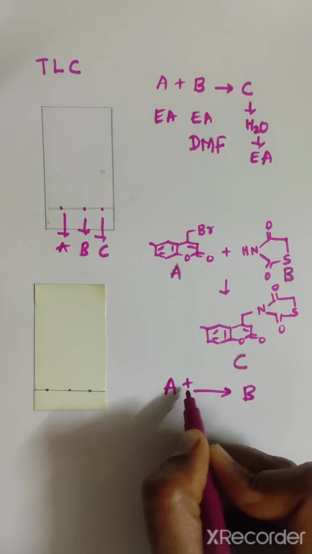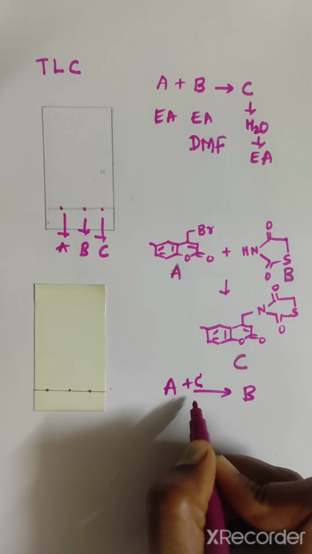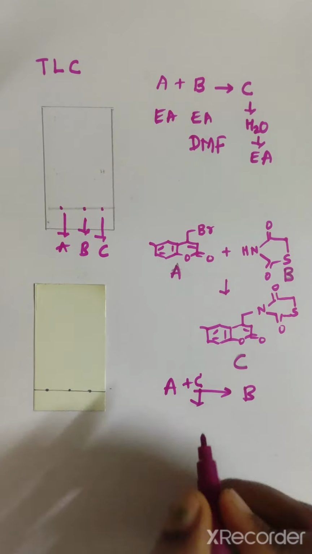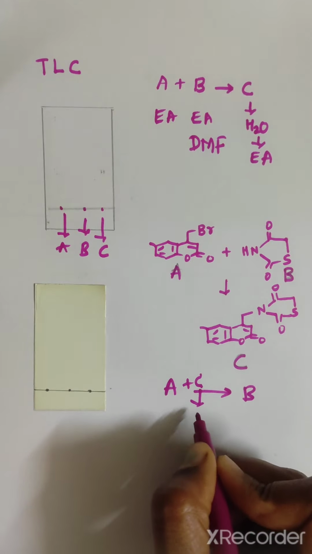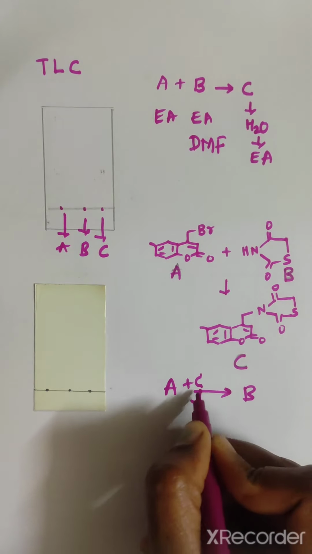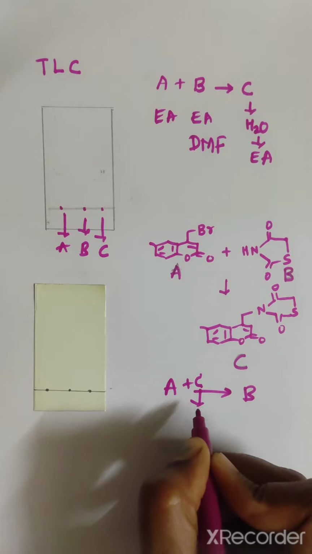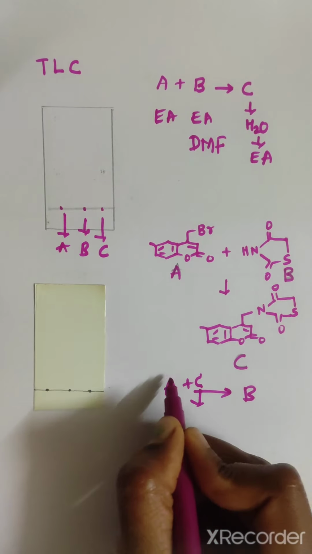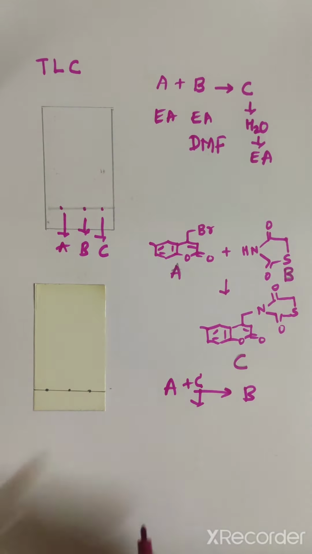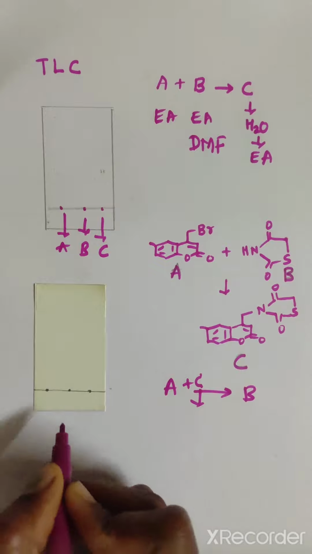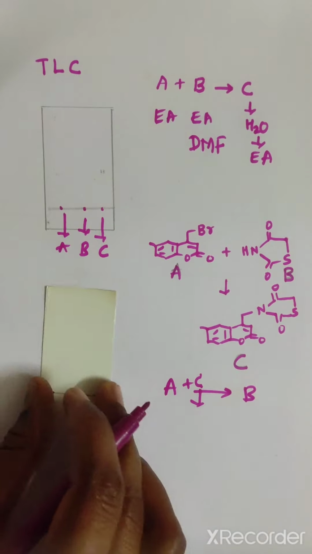If the other component is non-polar, aliphatic, you should not spot this component. You can spot only A and the product, reactant and product. In this way you can spot components on a TLC plate.